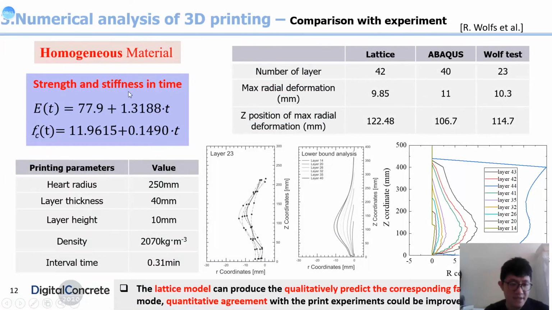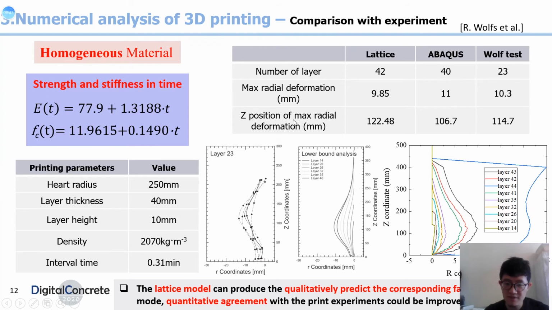The strength and the stiffness will change during the printing time, and the relationship follows the experimental data. Then these are the printing parameters involved in the experiment. Using the lattice model, we get a final printing layer of 42, and the maximum radial deformation is almost 10, which is very close to Wolf's experimental data.